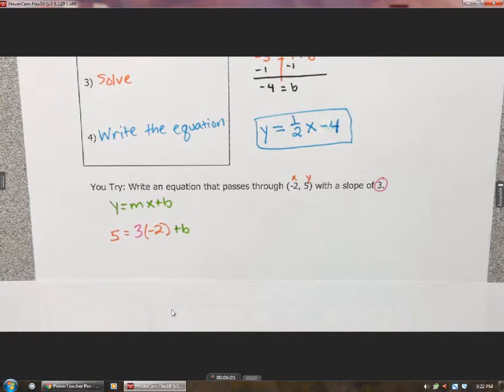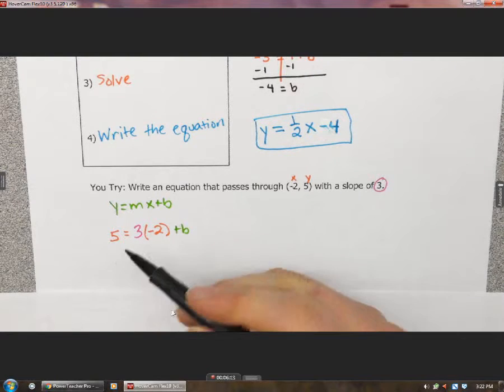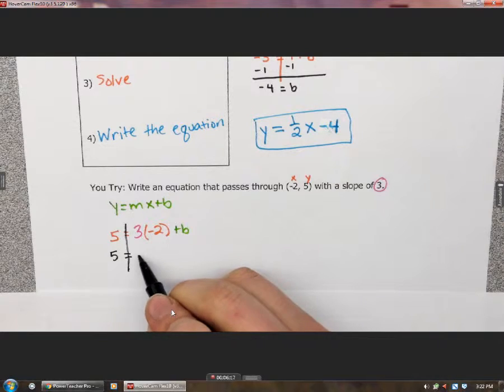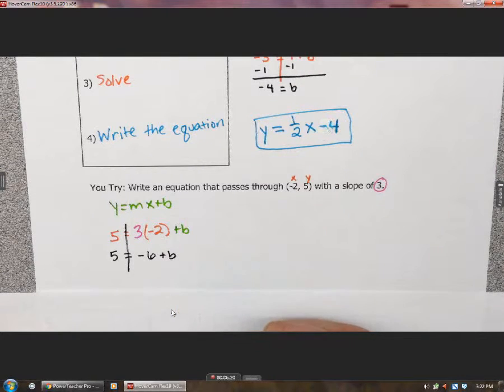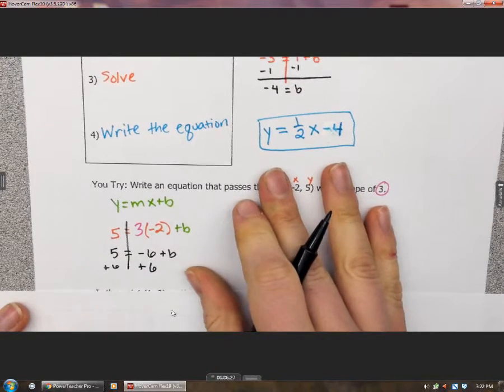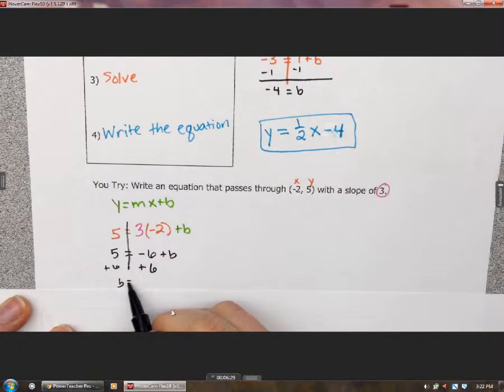I still don't know what b is. That was step 2, plug in what you know. Then you can solve it. 5 equals 3 times -2 is -6 plus b. Add 6. So b equals 11.